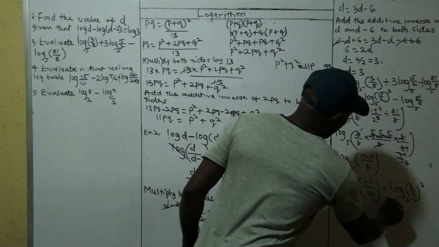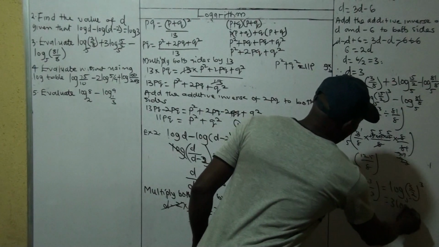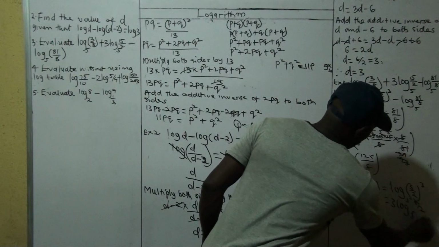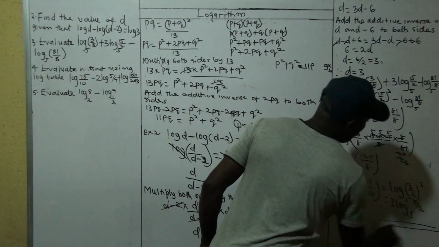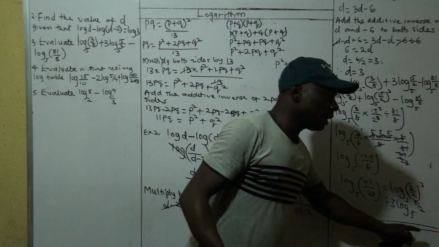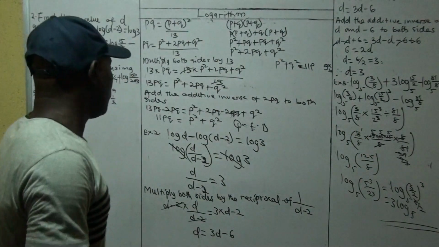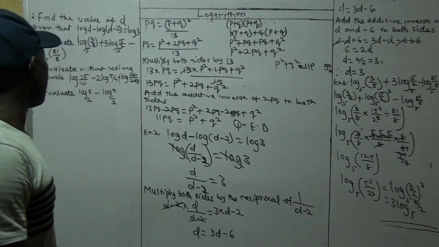So this 3 can come down and become 3 log 5 over 2. There's no way you can move further here, so you leave your answer in this form. Okay, this is what we can take.